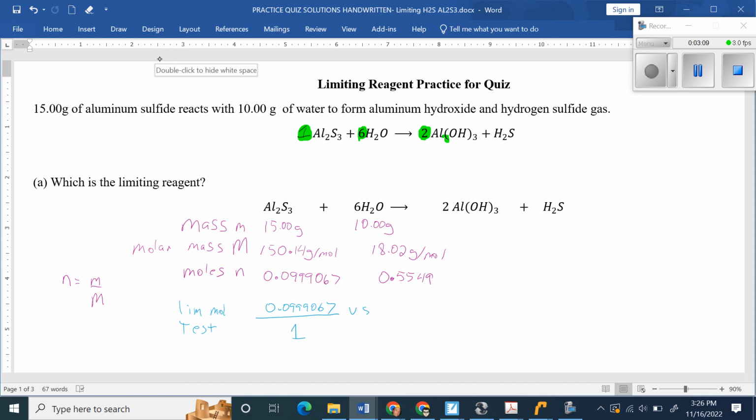And I'm comparing that versus 0.5549, right? So if you take the moles given, this is more moles than this, but is it 6 times this, right? So for every one of these, I need 6 of these, right? So by dividing by the coefficient, we can just compare them directly, and the lower one is the limiting one.